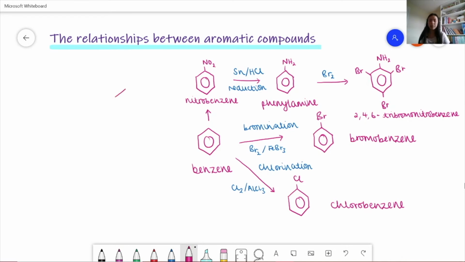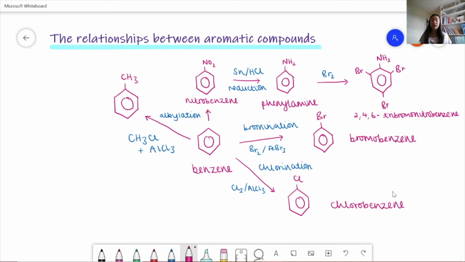So what we form is this benzene ring, and now we have a methyl group attached to it. This is also called Friedel-Crafts alkylation to be more specific. What we've done is add some chloromethane in the presence of aluminium chloride catalyst.